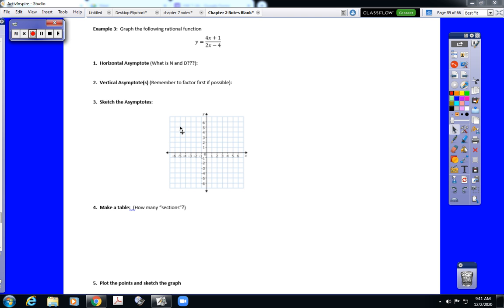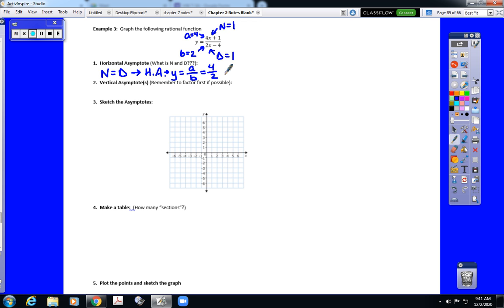So we start off, first step is to figure out the horizontal asymptote. The degree of the numerator is 1. The degree of the denominator is also 1. N is equal to d, which means that the horizontal asymptote is y equals a over b, where a is the lead coefficient on top, which would be 4, and b is the lead coefficient on the bottom, which would be 2, which means the line y equals 2 is our horizontal asymptote.